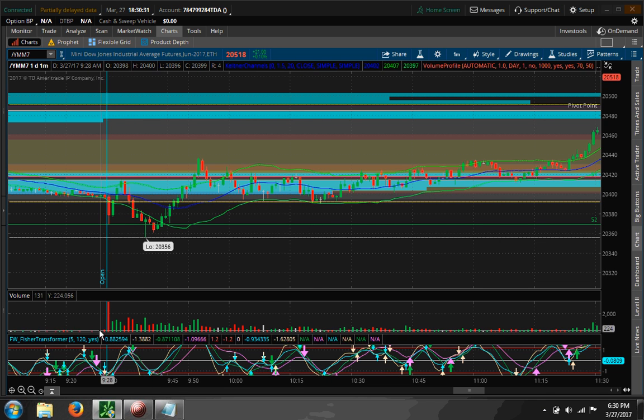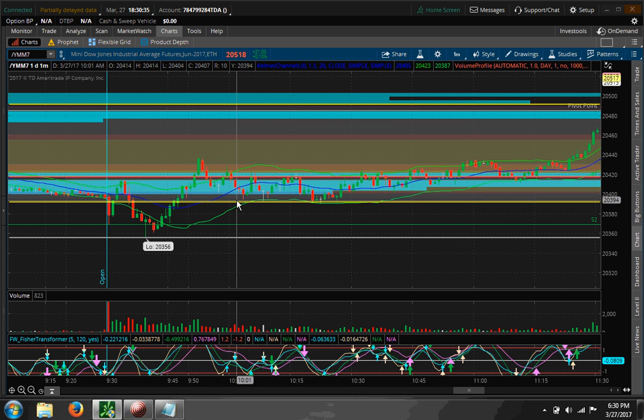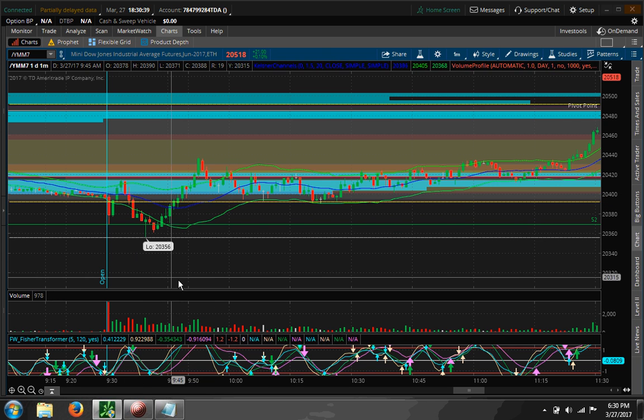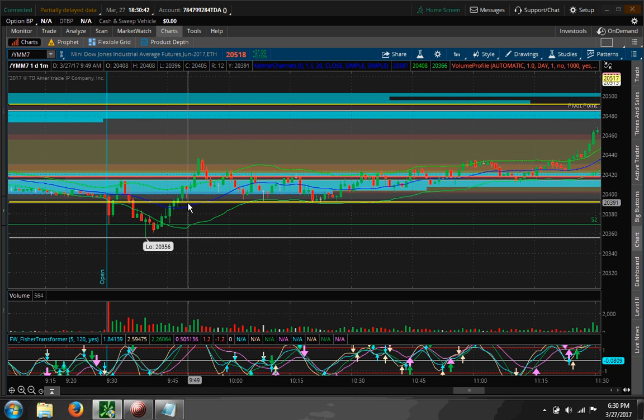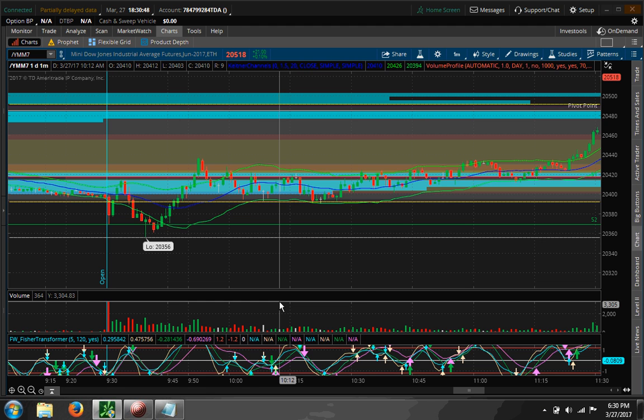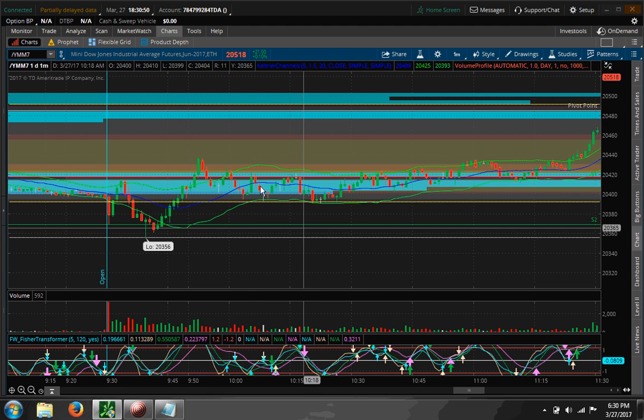This volume plays a huge role in where your volume area is going to be. The more sells and buys that come into the market, the more it's going to affect these lines. Your value area is going to be where the most trades happen throughout the day. That's going to be kind of your most profitable area.